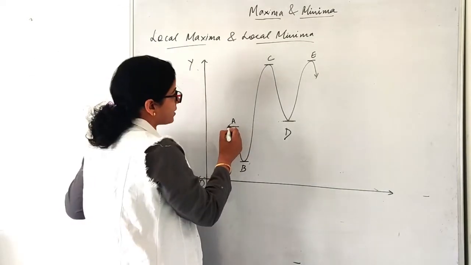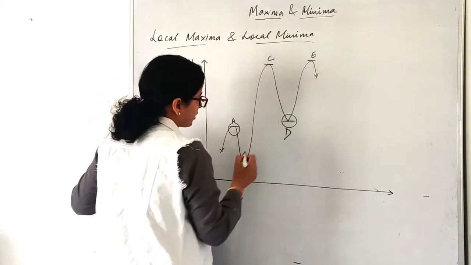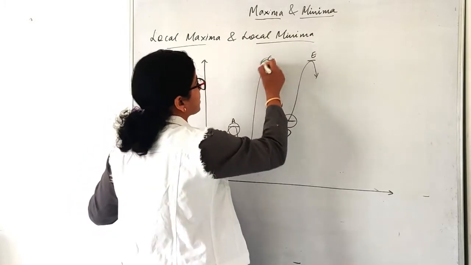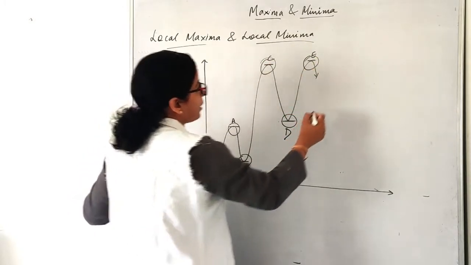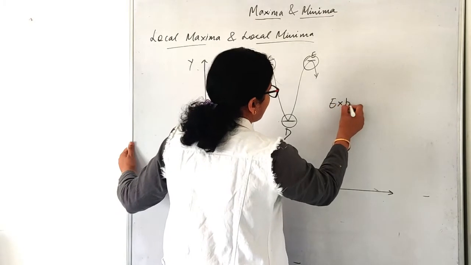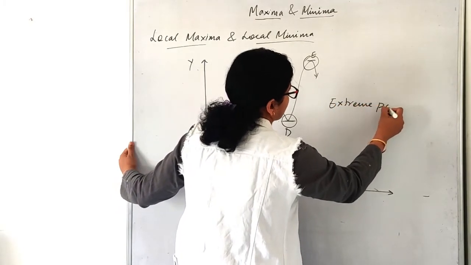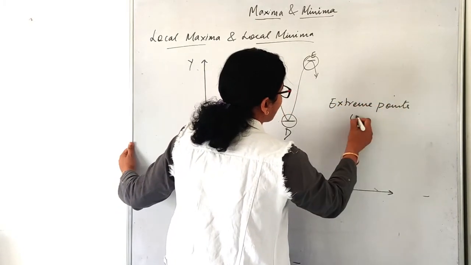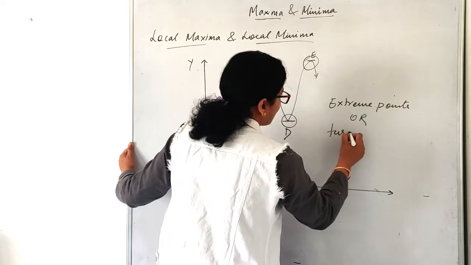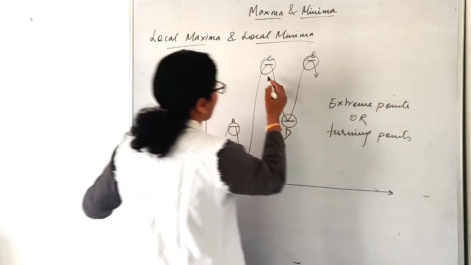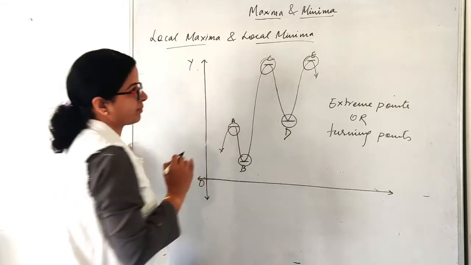And these points where my function is attaining either the local maxima or minimum value are known as extreme points, right? Or they are also known as turning points, right? See, after this the graph turns, okay?